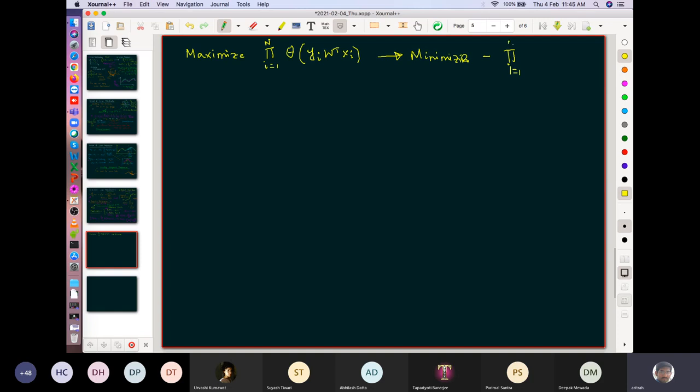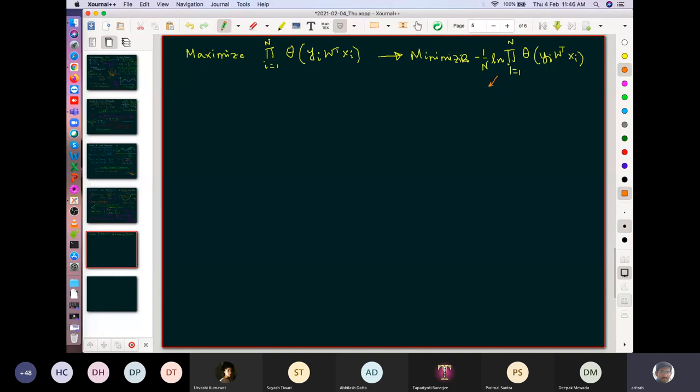I just put a minus here. Why I'm coming here, if I do the maths, it will be just easy to know. Which means it is the same as minimizing this. Which means it is also the same as minimizing this. Are you with me?